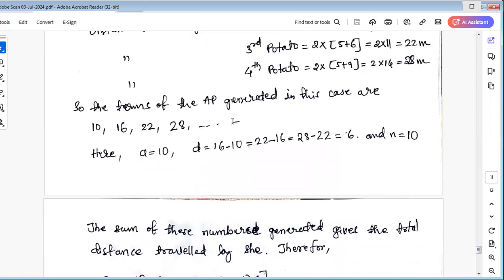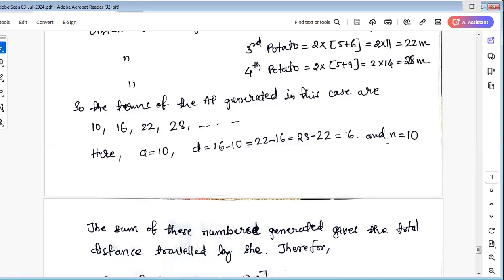And so the terms of the AP generated in this case are 10, 16, 22, 28, and so on. And here a is equal to 10, it is the first term, and d is the common difference, that is 16 minus 10 is equal to 22 minus 16, or it can also be 28 minus 22, which is 6.